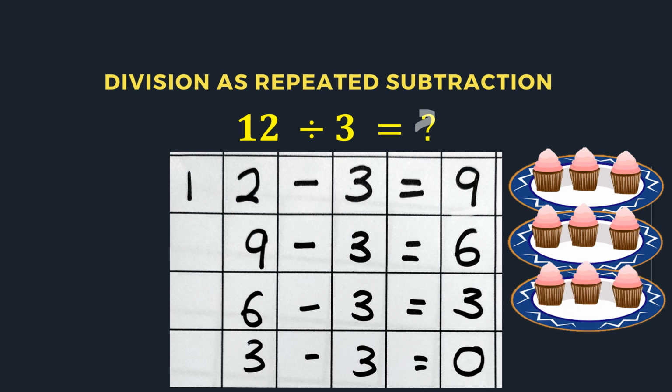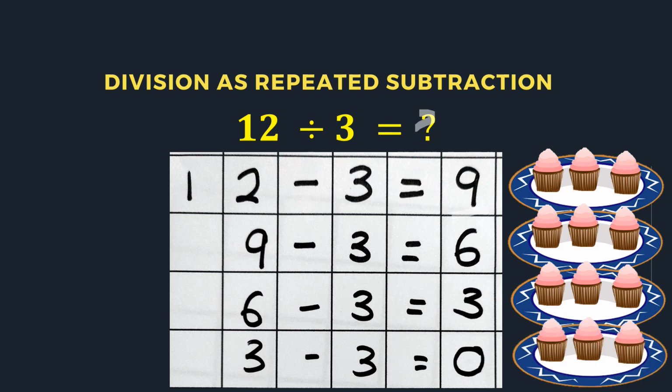From that 6 cupcakes left, we take another 3 and put it on a plate. That means we already subtract another 3. Last 3 cupcakes left, we take it and put it on another plate. So that means we subtract 3 again and are left with no more cupcakes.